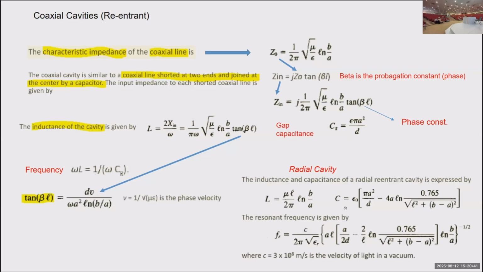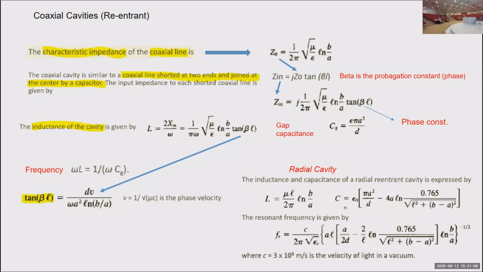Mostly I have pointed out which one is which. Due to that, this is the phase constant, beta, of the tangent. And the result is tangent beta is this. This is the beginning of all the cavities we are going to deal with.